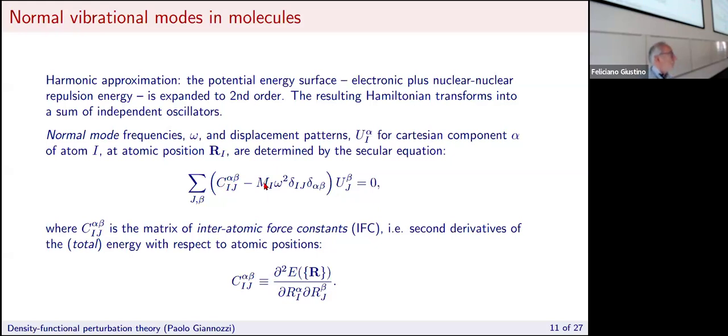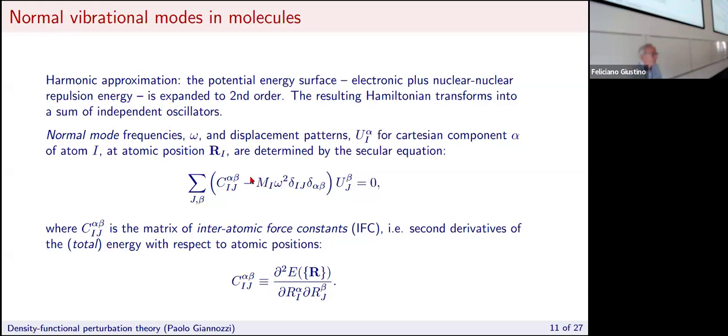with an additional, it's a generalized diagonalization, so there is the mass matrix here. So you have to diagonalize the force constant matrix divided by the square root of the masses to find normal modes.